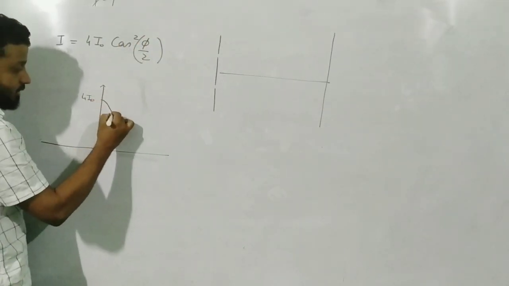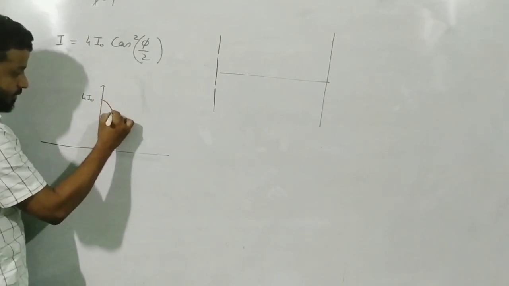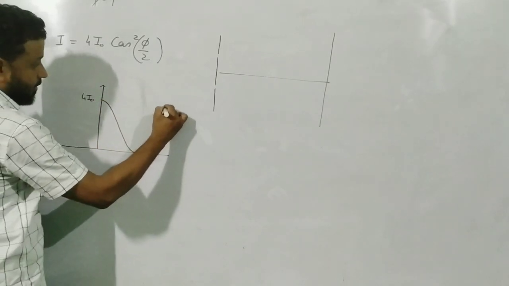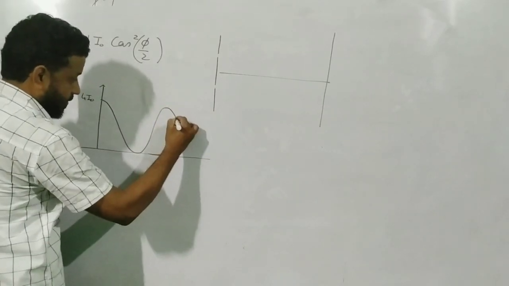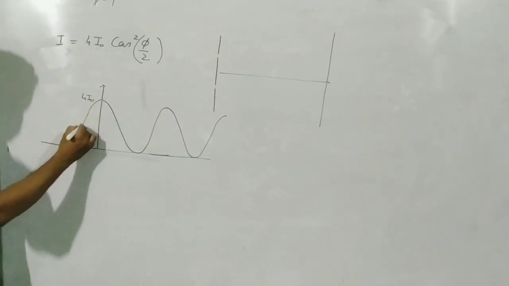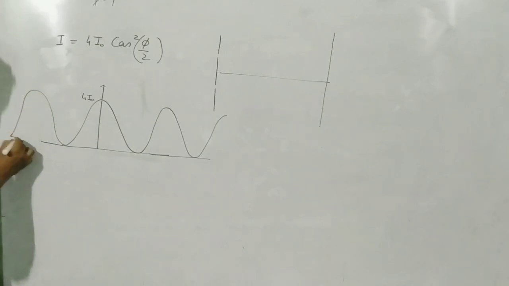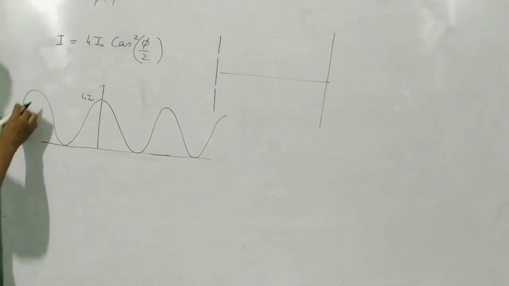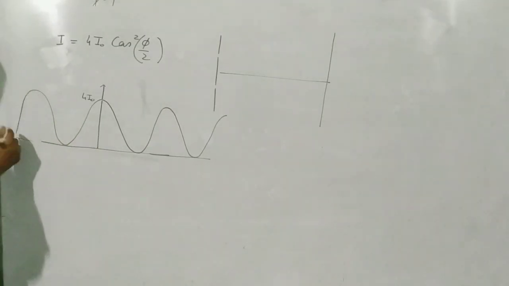Cos square function means, okay. I hope it is visible. If it is not visible, no problem.